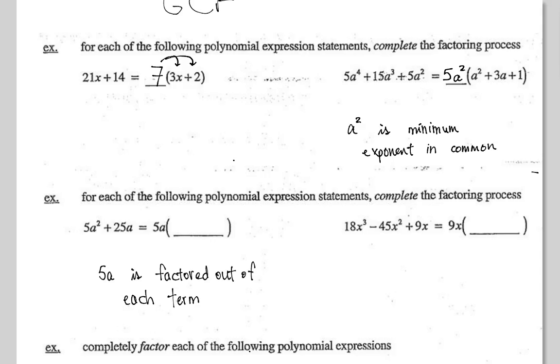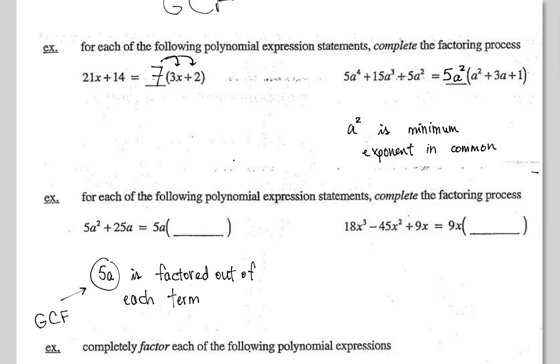And what we want to do is choose the greatest common factor. Now for 5 and 25, what's the biggest factor that divides them? 5. For a squared and a, what's the biggest factor that divides them? A. Put them together. That combination is the GCF. 5a is the GCF. It needs to be factored out.